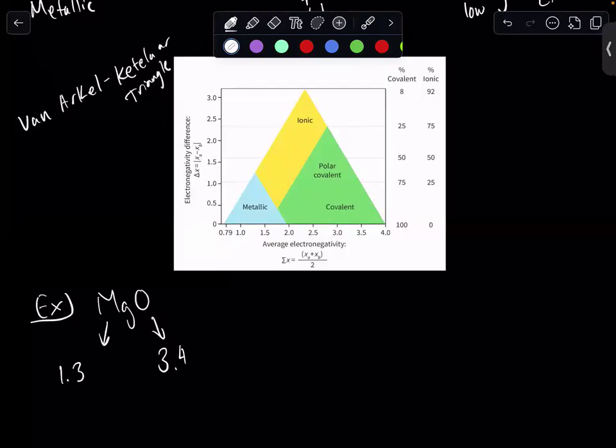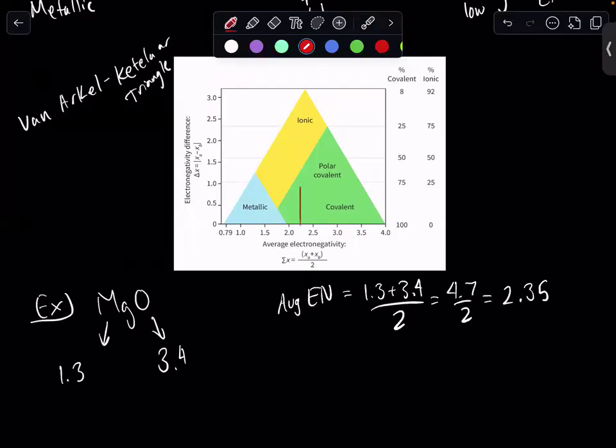So we'll start out with the average electronegativity. What we'll do is sum the electronegativities, which is 1.3 plus 3.4, and divide by 2. This is going to give us 4.7 over 2, which gives an average electronegativity of 2.35. So somewhere on this line.